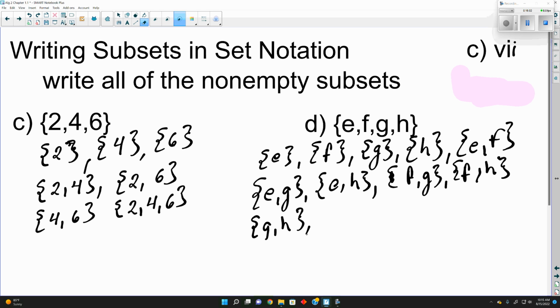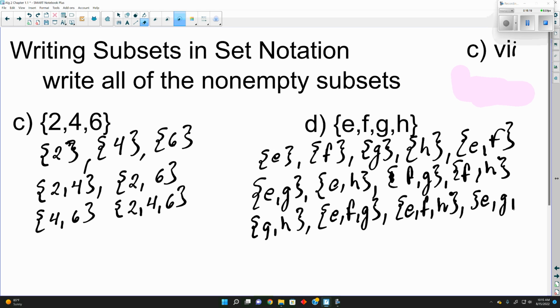Now we can do pairs of 3, which would be E, F, G. Yes? Then we can do E, F, H, E, G, H. Because that's one that, even if I'm not paying attention, I will miss as well. Because we still can go with E, we can just move the 2 over.